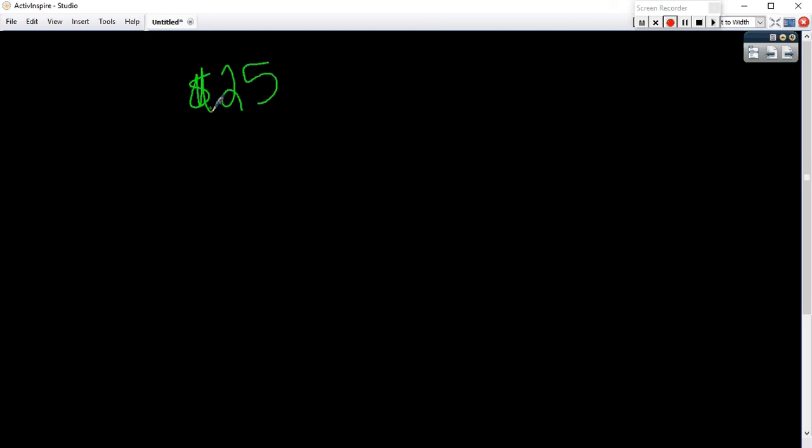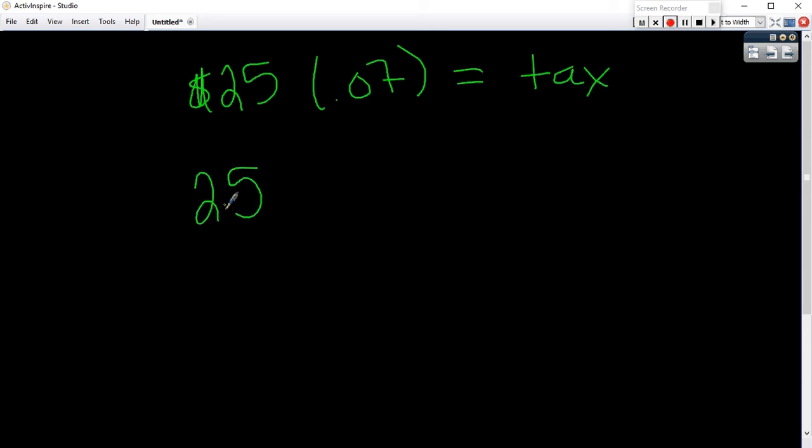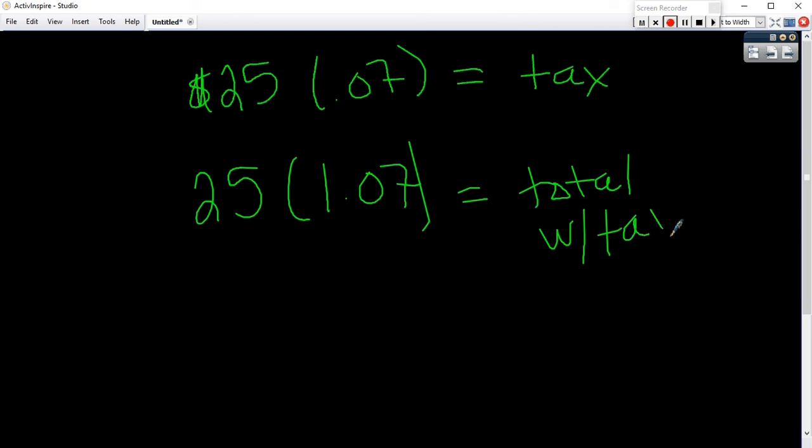Close. 0.07, right? If I multiply by 0.07, that tells me how much tax. But I would then have to take that and add it back, right? So what you can do is you can take your total and you can times it by 1.07 and that adds it back in for you. Okay? Total with tax. Does that make sense?